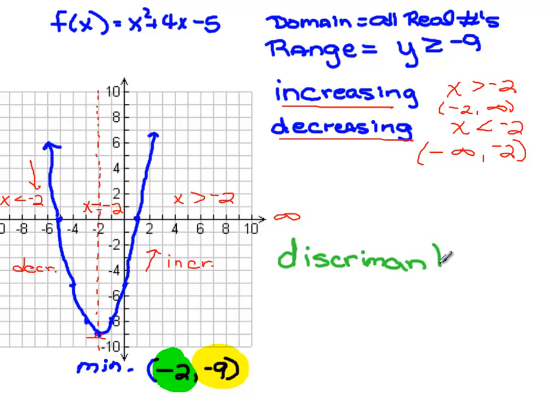We do not want a misspelled word for all the world to see. The discriminant is that part of the quadratic formula that is under the square root.